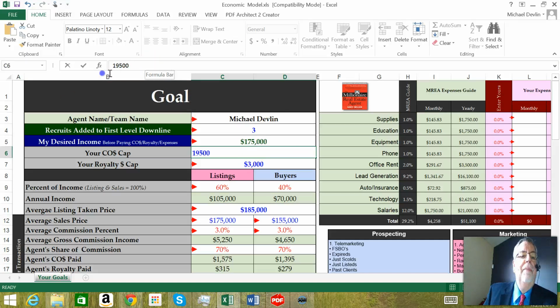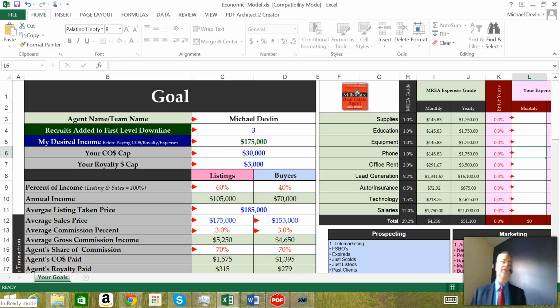This cap reflects what is in Rochester, Minnesota, which is $19,000. Ours is $30,000. Now, if you're saying, well, I wish I was in Minnesota because my cap is only $19,000, look at their sales price, which is $185,000. So there's every up has a down, and $3,000 is the royalty cap.